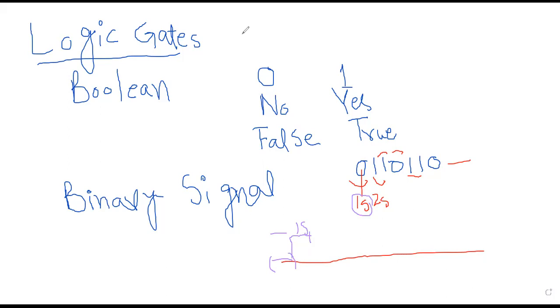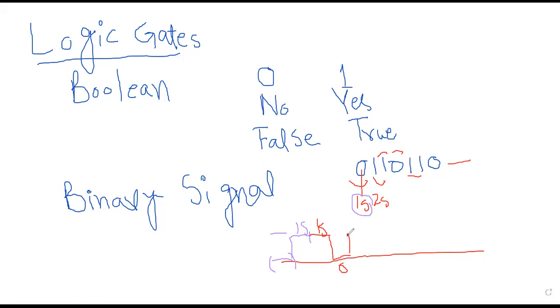Then there is a 0, so this will show the 0 and so on. So this is the method and basically the main parameters to describe our logic circuits.